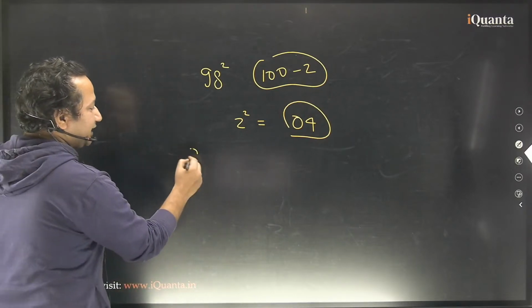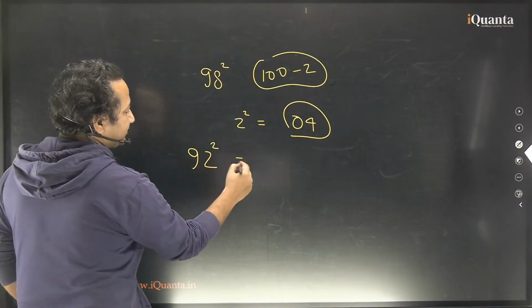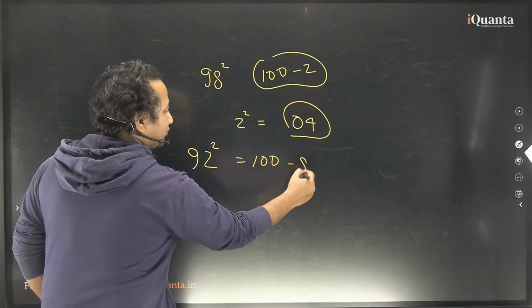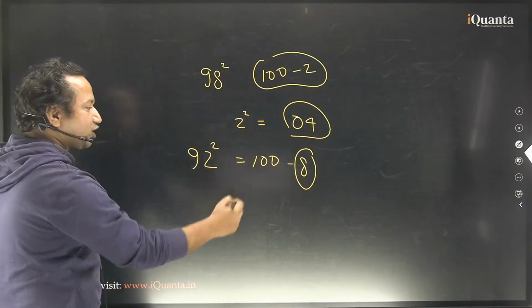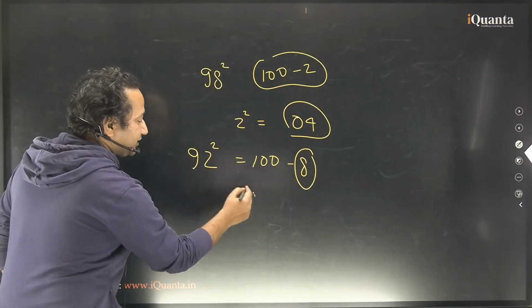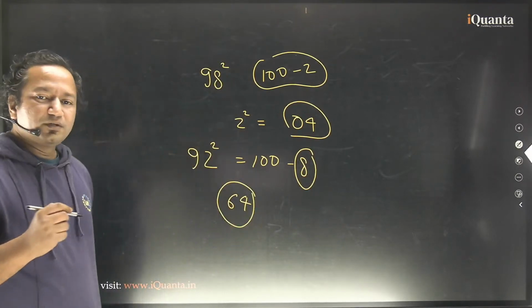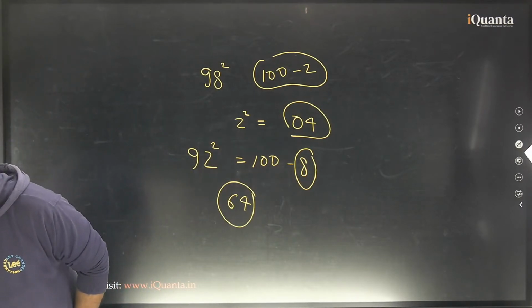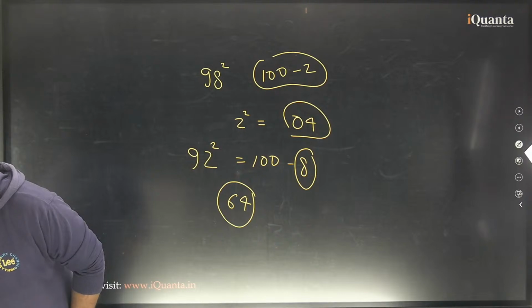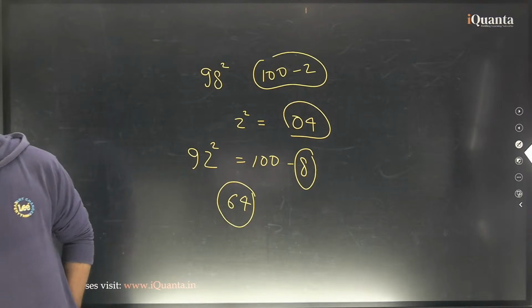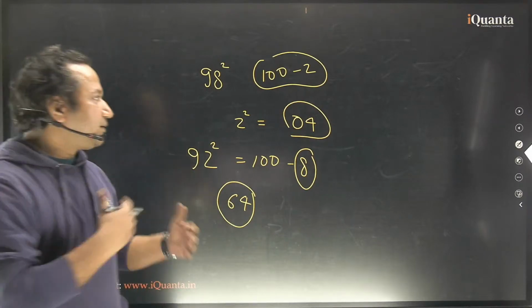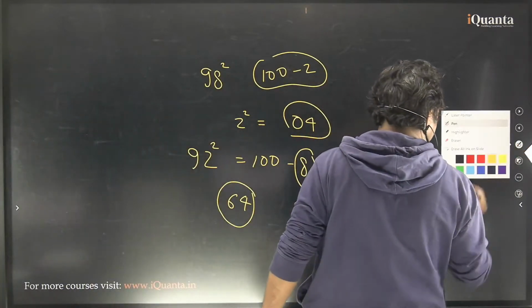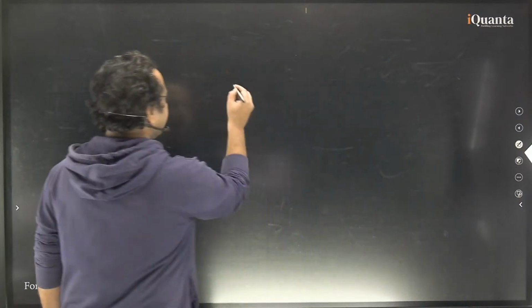For example, we have 92. 92 square. This is basically 100 minus 8. You just have to take the square of 8, it's 64, and this will be the last two digits for 92. Is that understood? Everyone? So let us take some random numbers. 59.